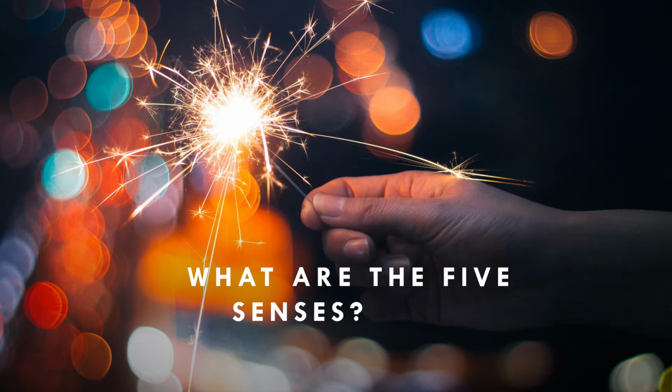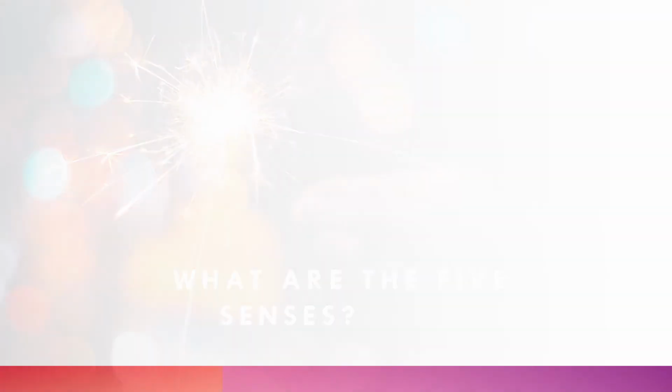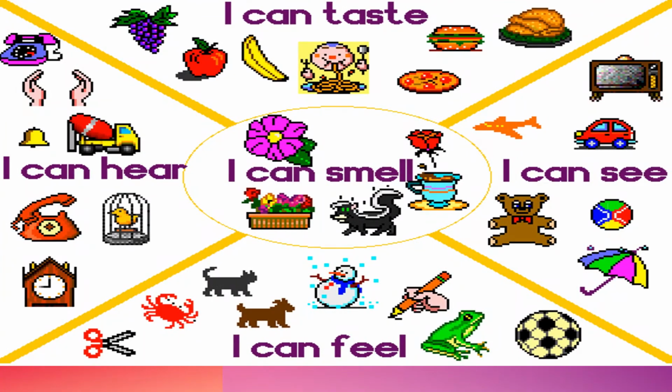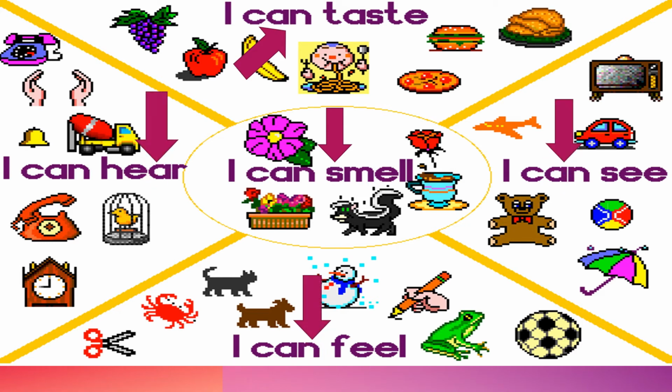Do you know? So, these are the 5 senses: taste, hearing, sight, smell, touch. I can smell, I can taste, I can see, I can feel, I can hear.